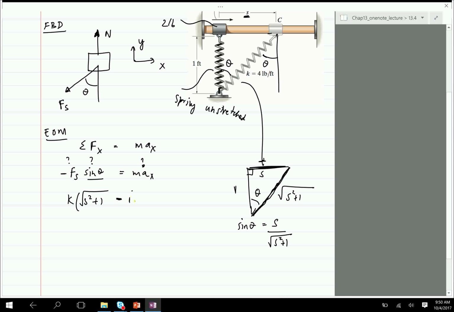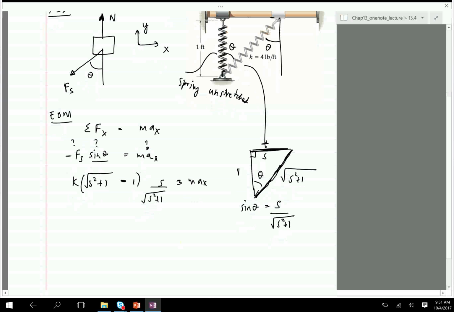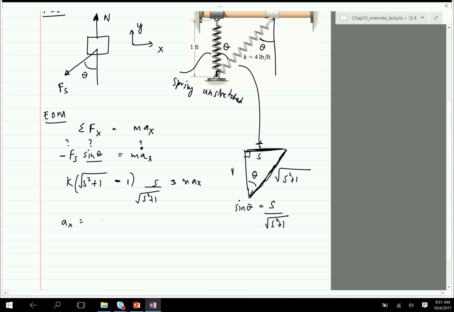This Fs equals mass times ax. Oh, my bad, I have to write sine theta too. Sine theta is s divided by the square root of s squared plus 1. So ax is negative k times the stretch times sine theta, divided by m.